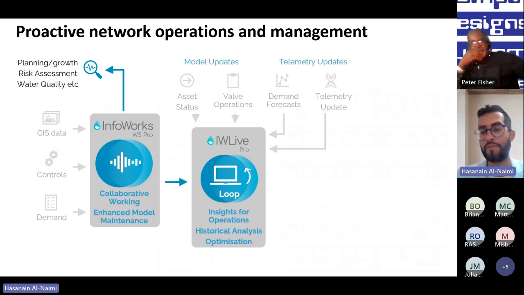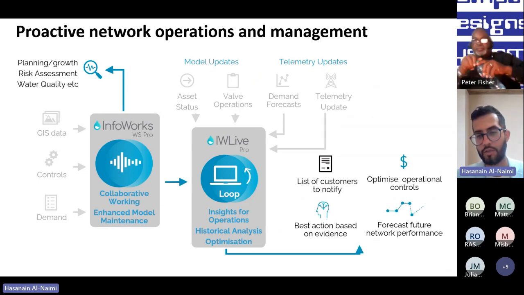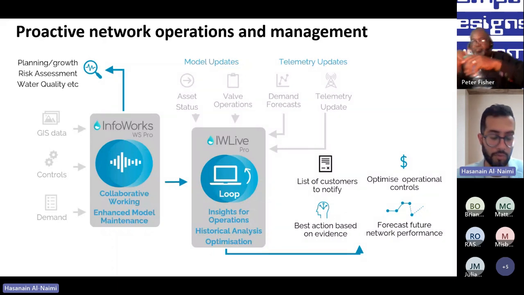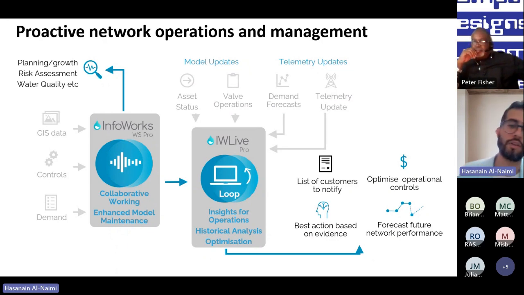And by doing that, you have the ability to take the best action. You have the ability to notify customers if you have any problem, like the question we had earlier. You have the ability to even optimize the controls, so you can optimize, I don't know, the electricity, by running the pumps better.